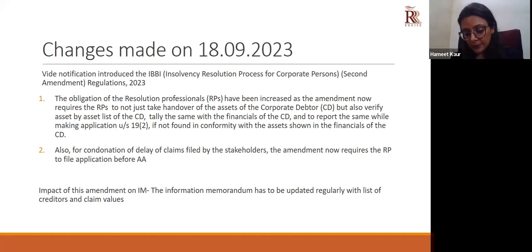Probably the logic behind this has been to give some respite to the stakeholders and to reduce the litigations, the delays caused by the litigation at a later stage of the plan, at the time of approval of the plan. Once the application is filed for approval, thereafter 2 to 3 years were being taken by the NCLTs only because of the objections being filed by the other stakeholders whose rights were prejudicially getting affected by that plan.